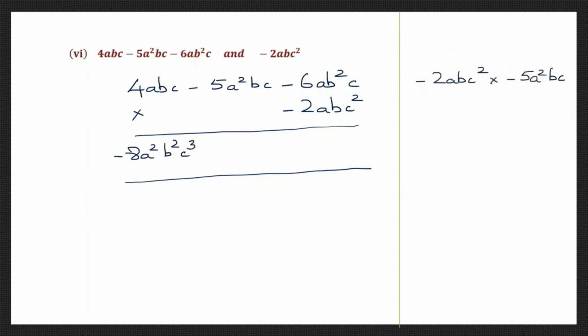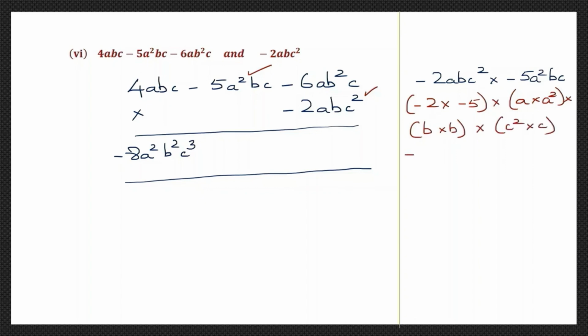So now let's multiply these two terms. So I've written it there. Let's take the numbers. Minus 2 into minus 5 into a square into b into c square into c. So what do we get?